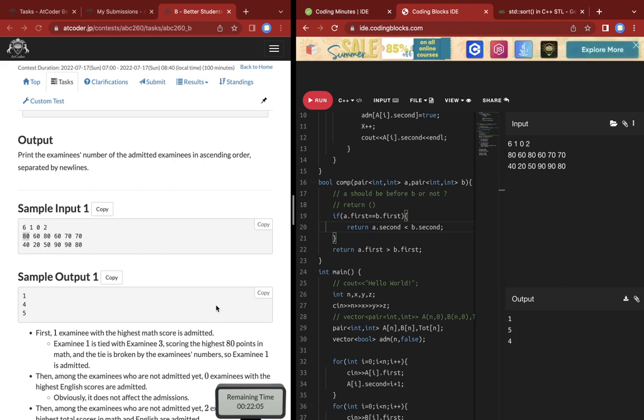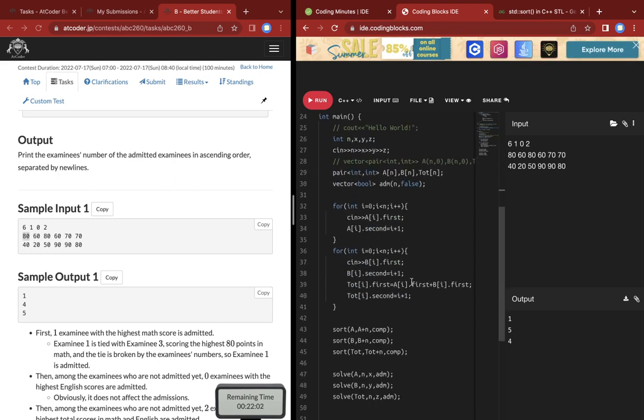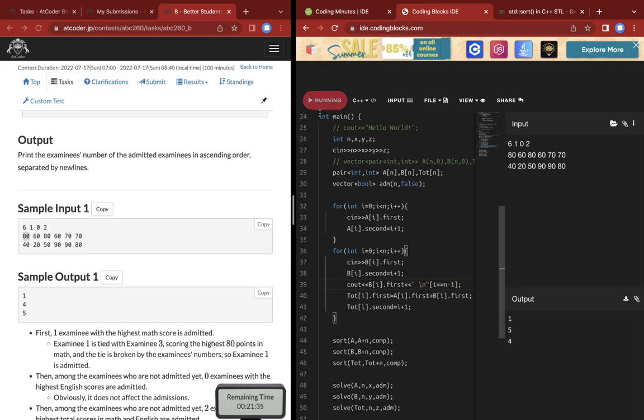So let's print out B then. So B is 40, 20, 50, 90, 90, 80.